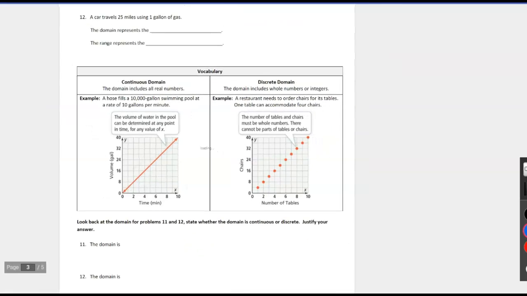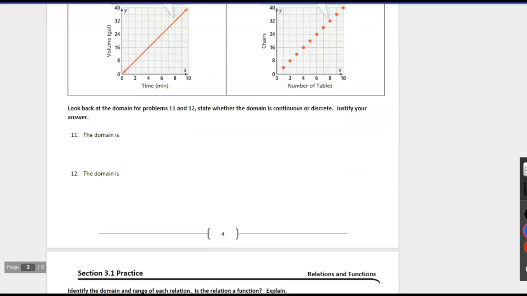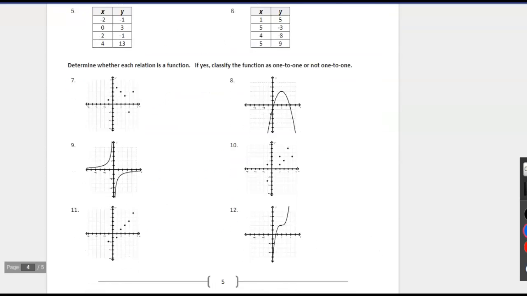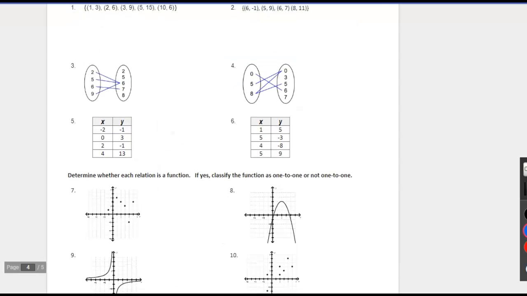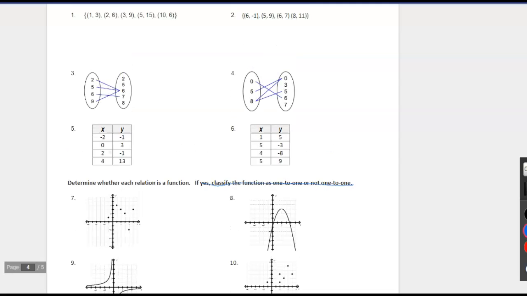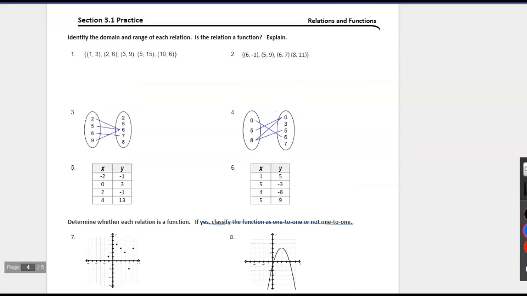So your assignment today, we're going to skip this part, but you're going to do 1 through 12.